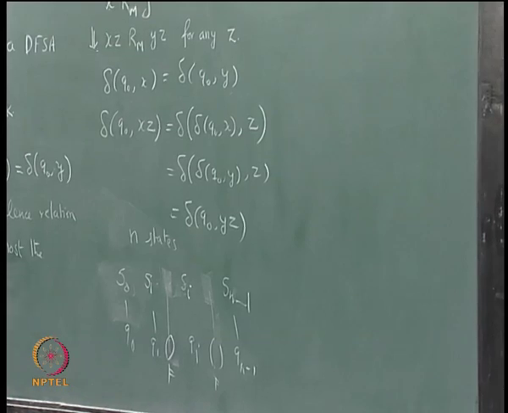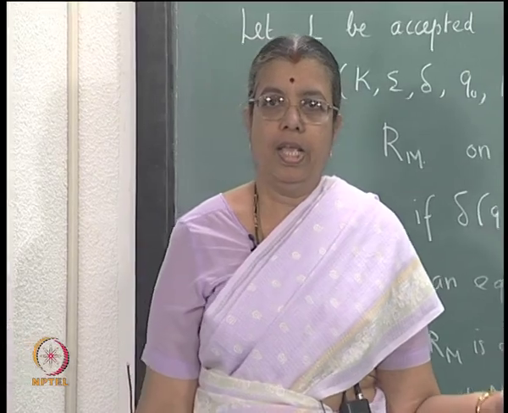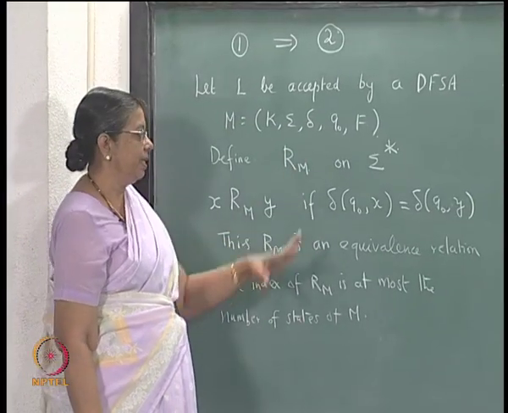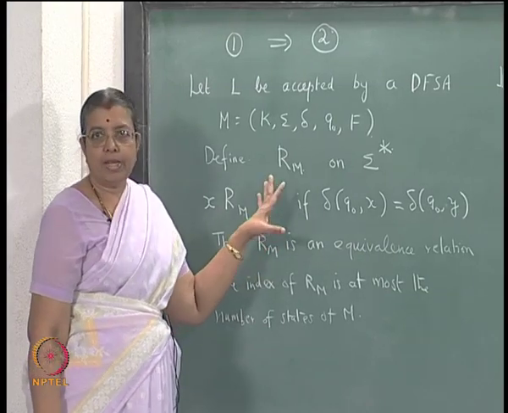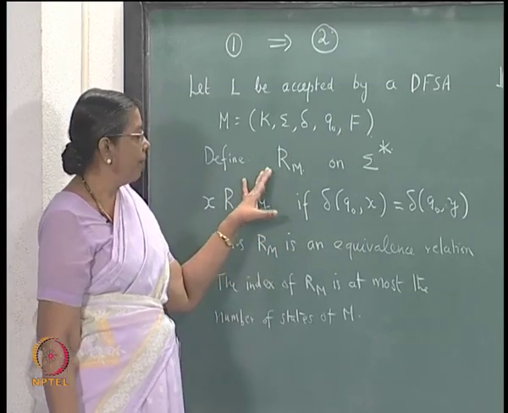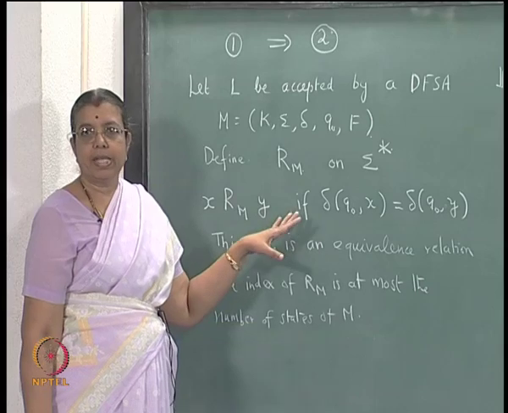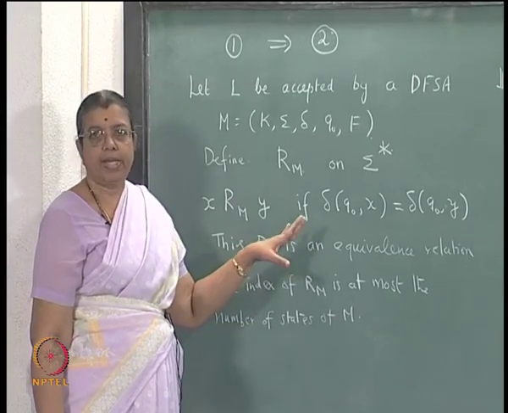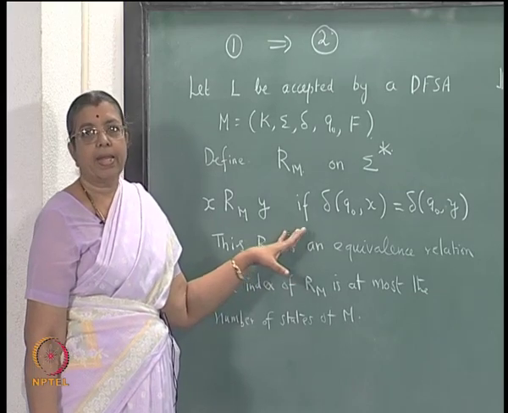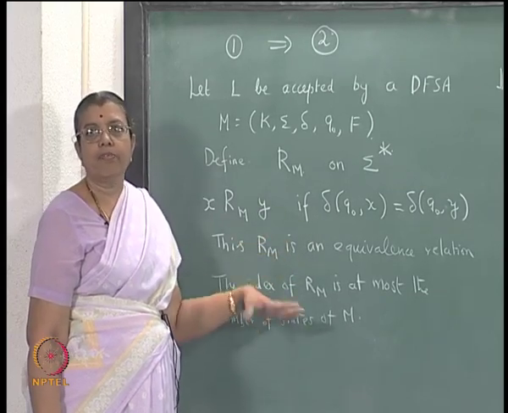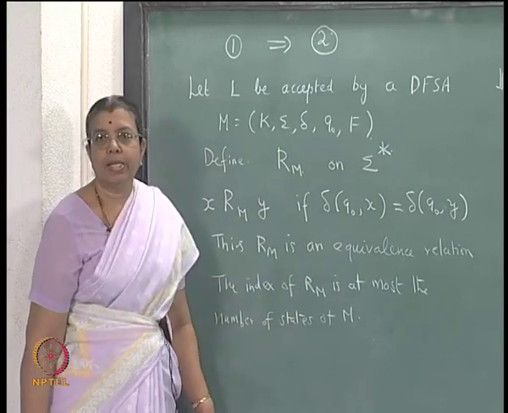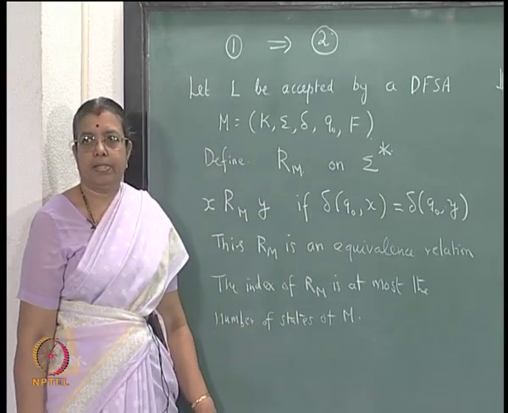So, what have we seen? If you assume that L is accepted by a DFSA with n states, then you can define a relation Rm like this. It is an equivalence relation, it is right invariant, it is of finite index, and L will be the union of some of those equivalence classes induced by this equivalence relation.